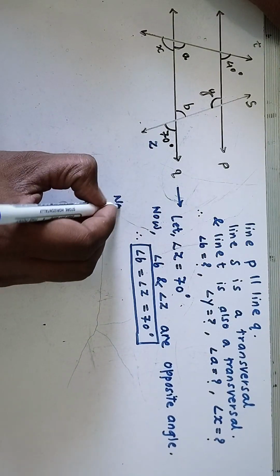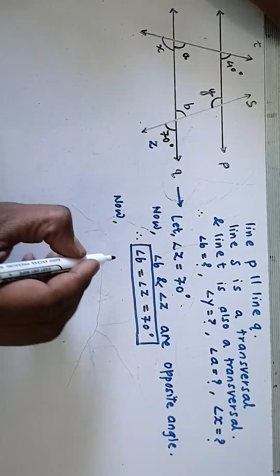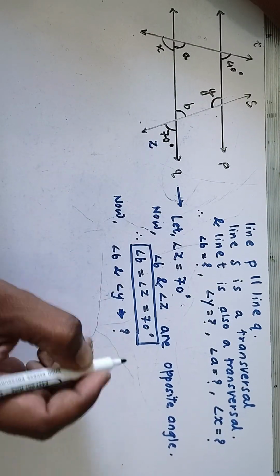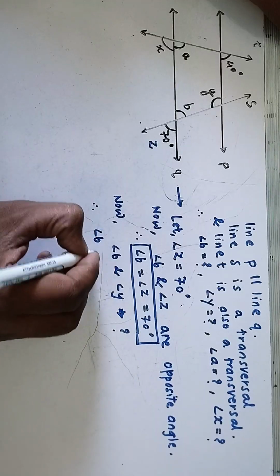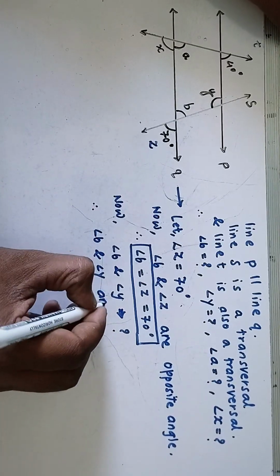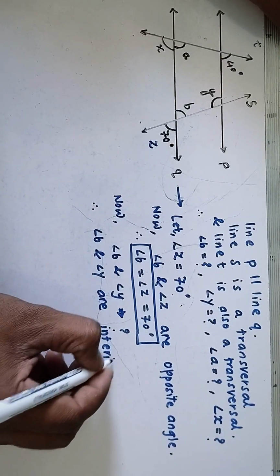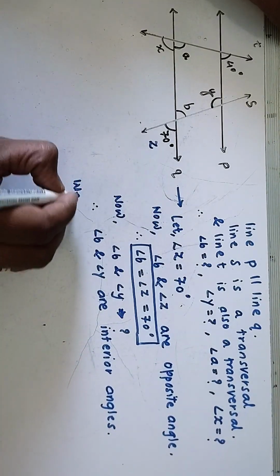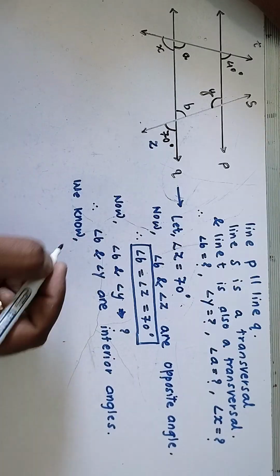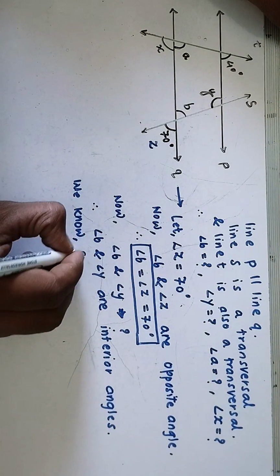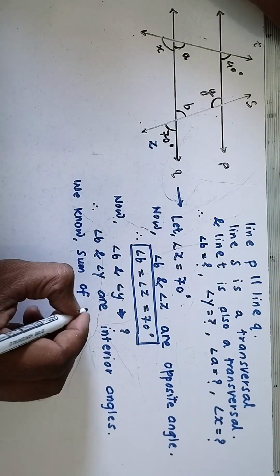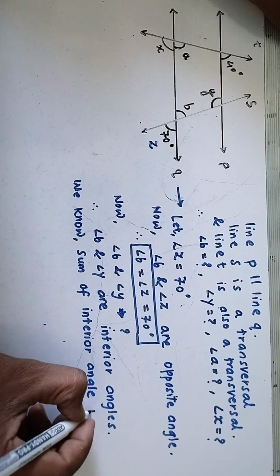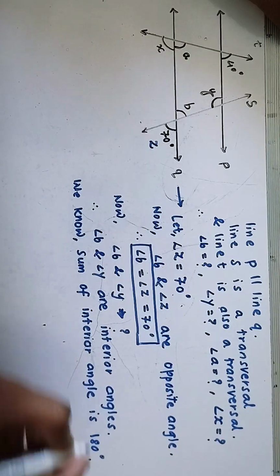Now let's focus on these two angles, angle B and angle Y. Now angle B and angle Y are interior angles, and we know that sum of interior angles is 180 degree.